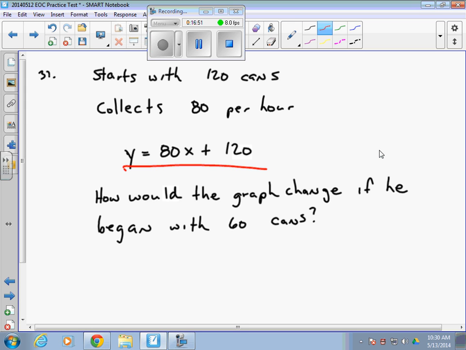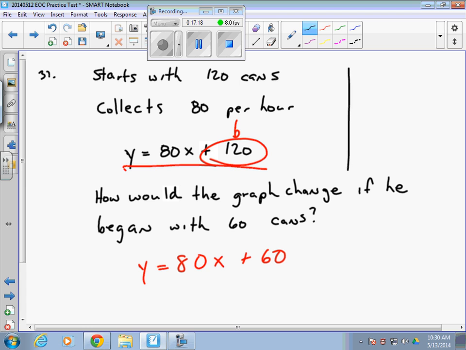It says if Chris began with 60 cans, what would change about the graph? Well, we know y equals mx plus b. It's saying instead of 120, it's saying 60. So y equals 80x plus 60. That's what it's saying would change. He's still collecting 80 per hour. He's just starting with fewer cans.